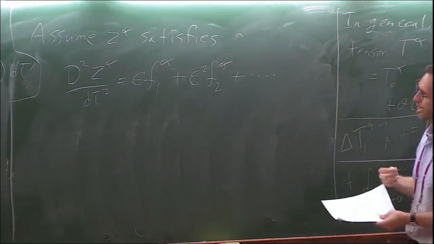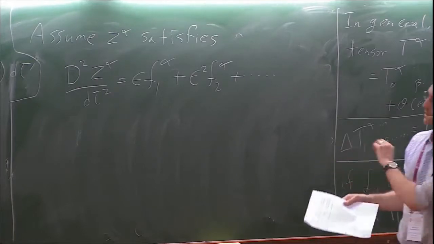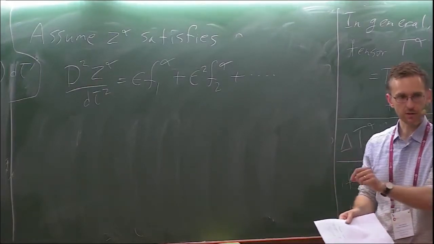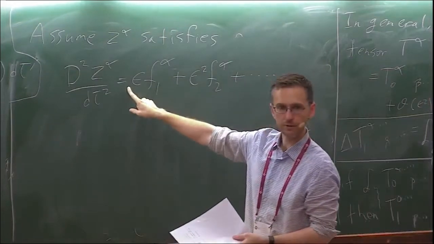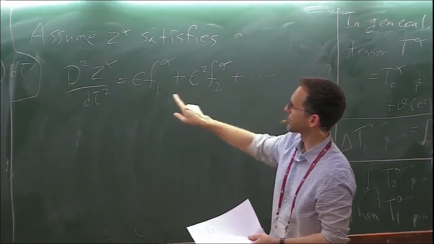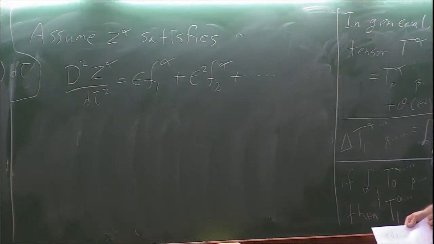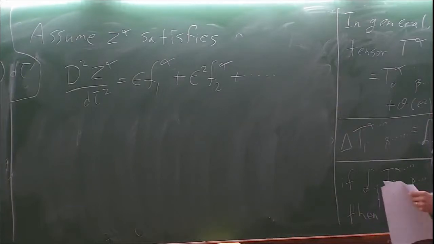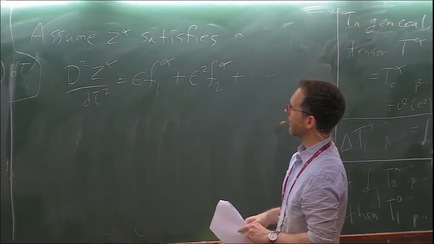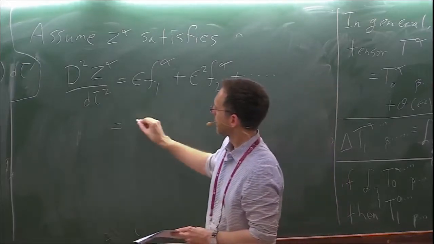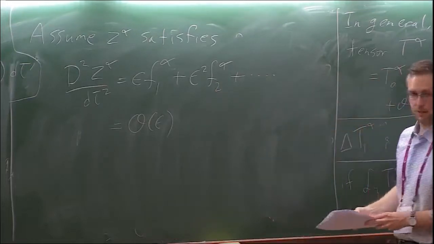So again, we'll justify this properly later on, but you can think at leading order, this point particle is just a test particle. So at leading order, it has to be moving on a geodesic, so you don't have any zeroth order term in the acceleration, and you just have corrections coming from the gravity produced by the small object. Okay, so again, at leading order, this is just zero.